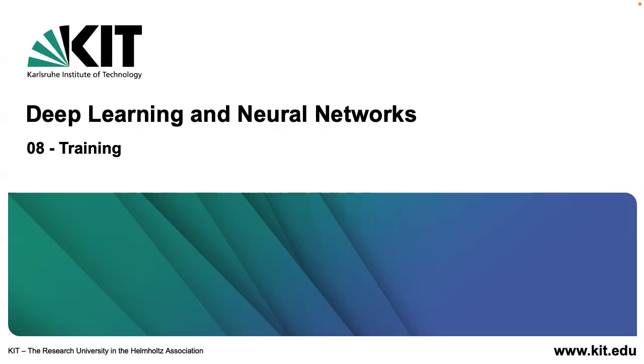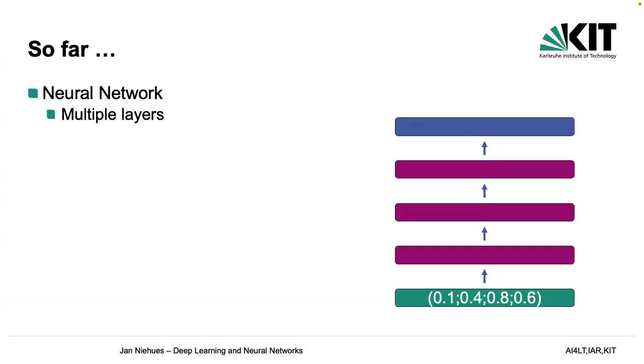So with this, we will try to start and look at what we currently have in network architecture, and then how we can train them. The networks we have seen so far typically have multiple layers, and those can be normal feed-forward layers, self-attention layers, and all the others.